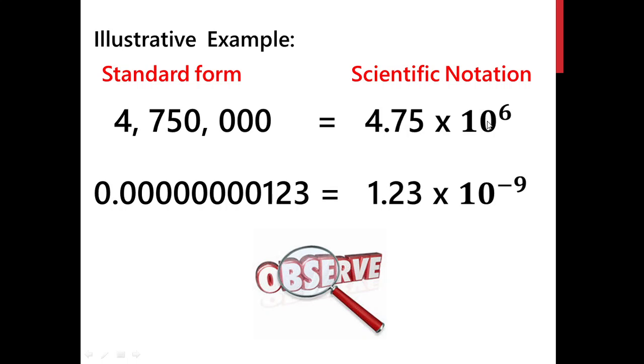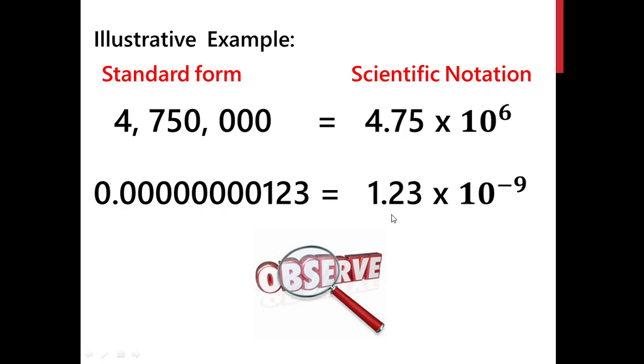The sign of the exponent will matter depending on the direction of your counting. Since you're counting your decimal places going to the right, this is a positive number. Compare that to this one, take a look.